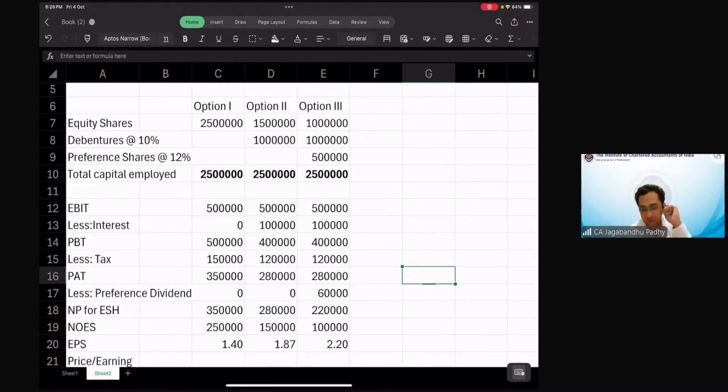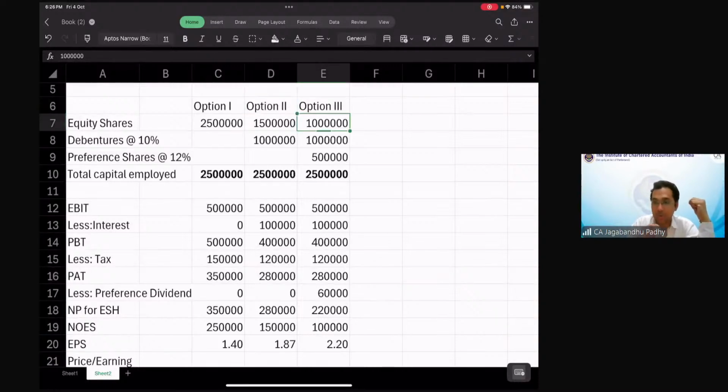I'm not talking of highest EPS. Think you are a shareholder and tell me, where will you have more confidence that the company will be able to do justice to your investment? Of course, option 1.